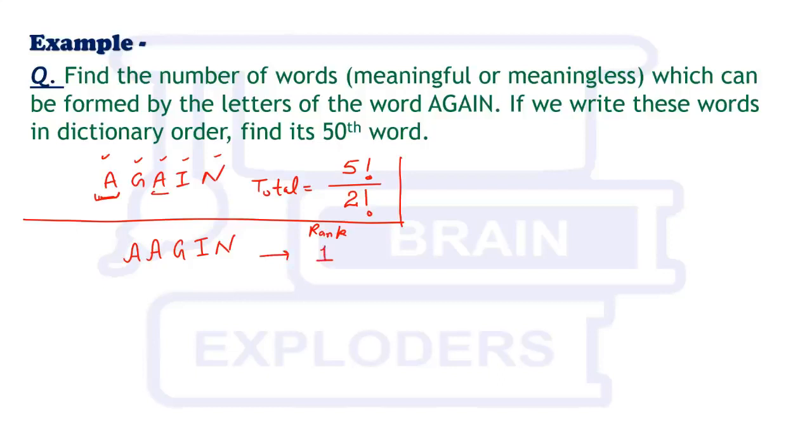Now if we perform all the permutations of these 5 letters, then we will reach the rank 5 factorial over 2 factorial, which is 120 over 2, equal to 60. So we will reach the rank 60, which means we don't have to perform the permutation of all letters, we have to perform the permutation of these last 4 letters.